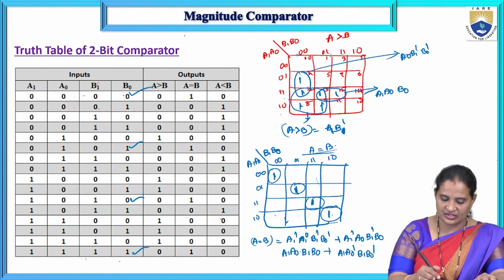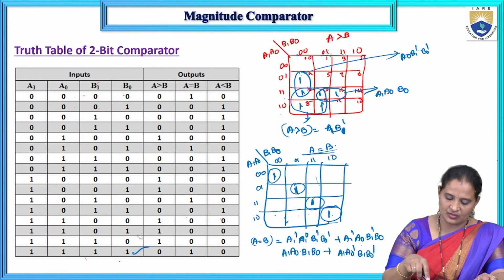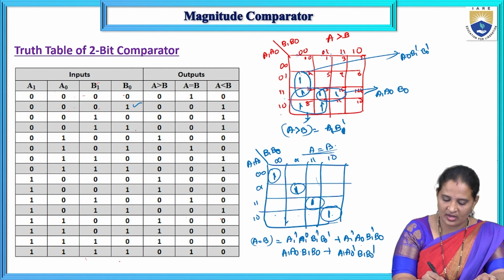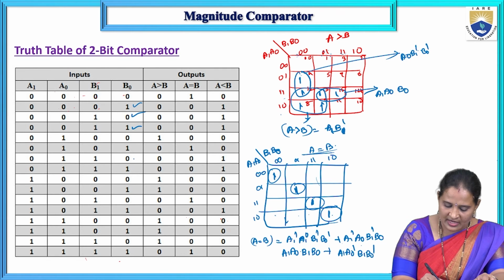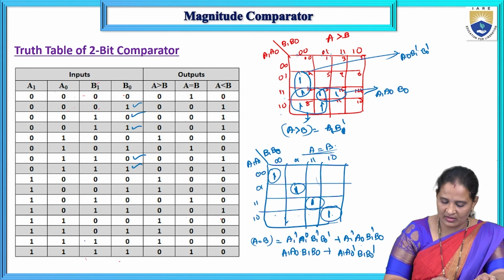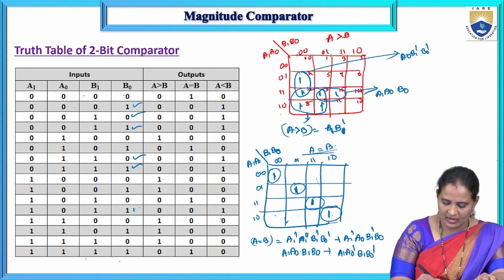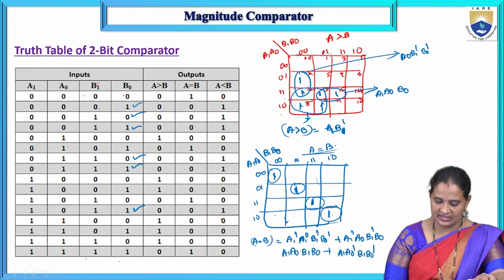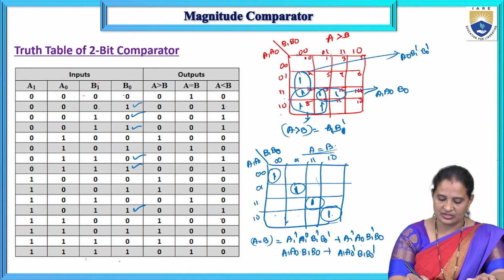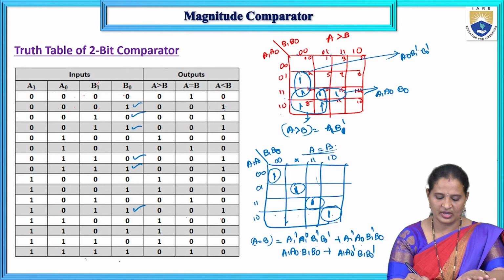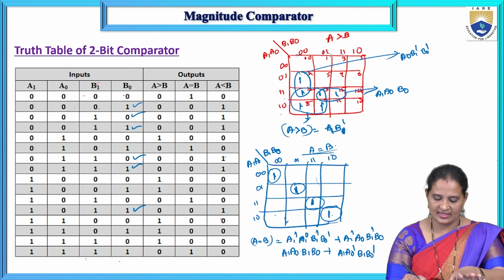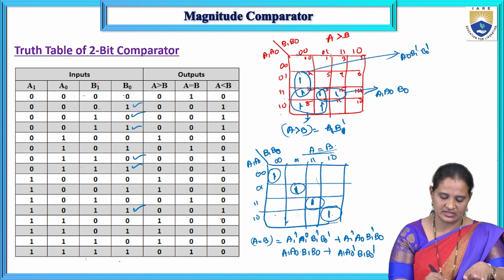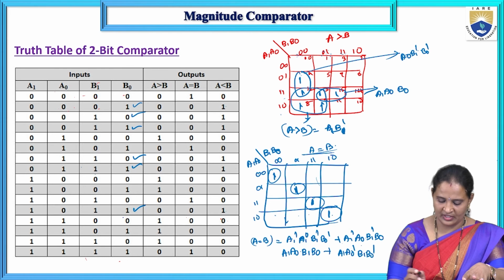Now let us see for which combinations this is equal to 1. So this is 1, 2, 3. Next 6, 7, and then 11. 1 1 0 is 6, 1 1 1 is 7, and then 11.